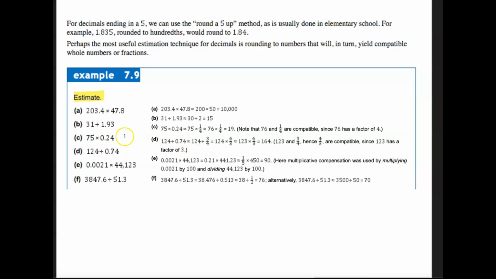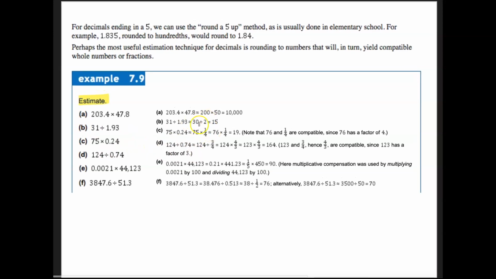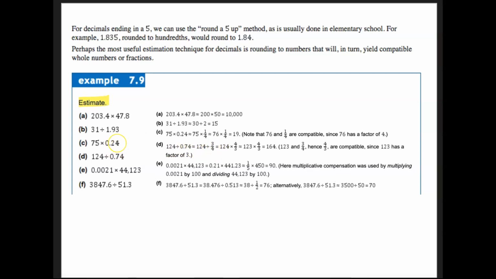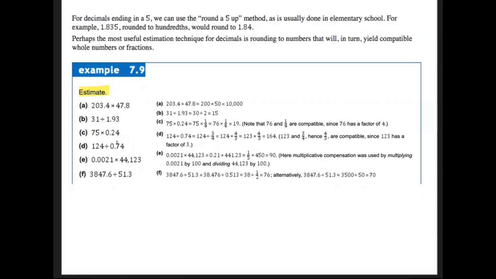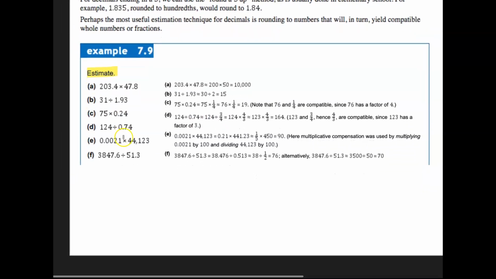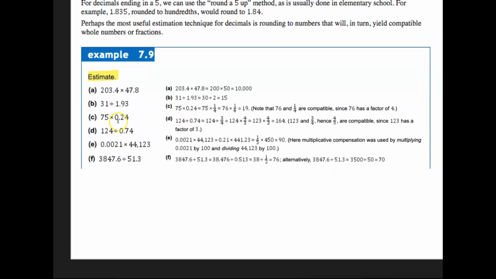It's based off of your compatibility, but these are just some of them. 30 and 2, 250. Make this 75 and make this 0.25, so we could do something like that. And so you're looking through these things here. That's it.